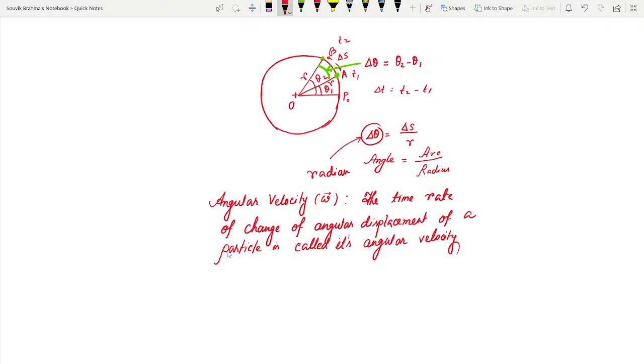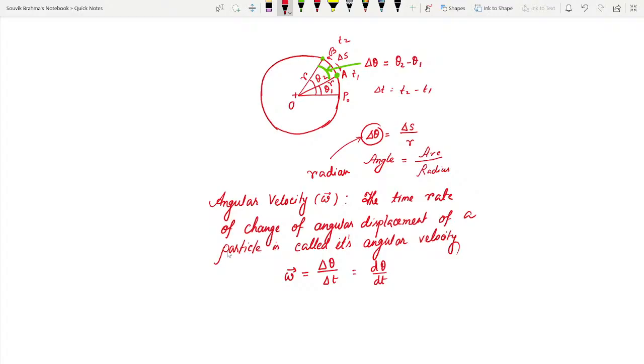Okay, so naturally it should be omega, that is equal to delta theta by delta t, or you can say it is d theta by dt.